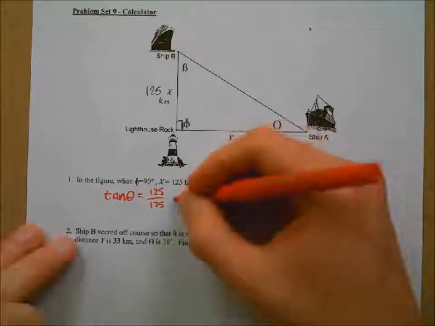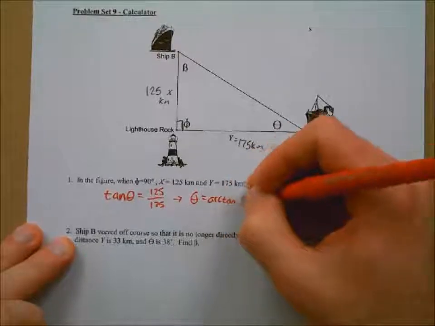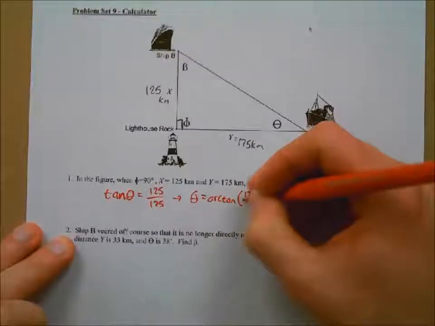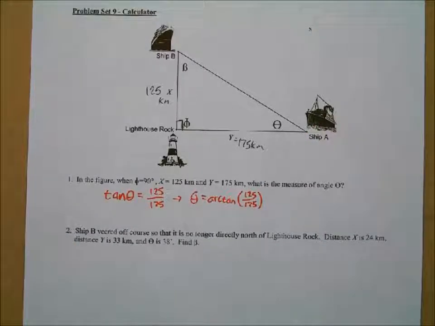So theta is arc tan of 125 over 175. Type that into our calculators. What mode should we be in for this scenario? Probably degrees, because phi is given to us as 90 degrees, and you'll want to keep that consistent.